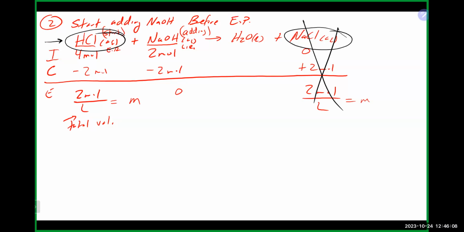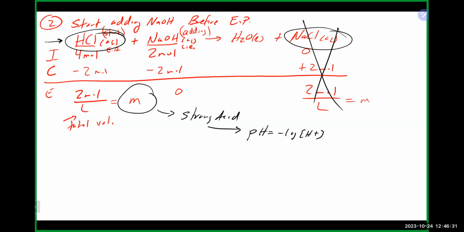And the purpose of this ice table, which you need to do in this type of titration, is to figure out the molarity of your strong acid after it reacts. Then at that point, you could go into your pH equation. So once you start the titration, it does require an ice table.